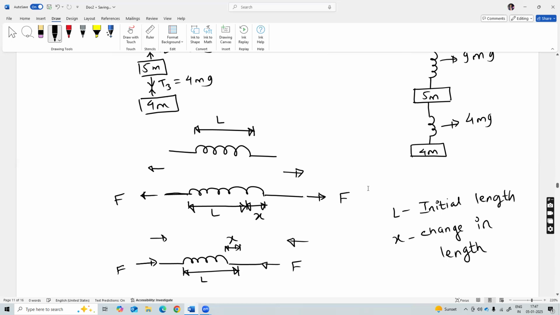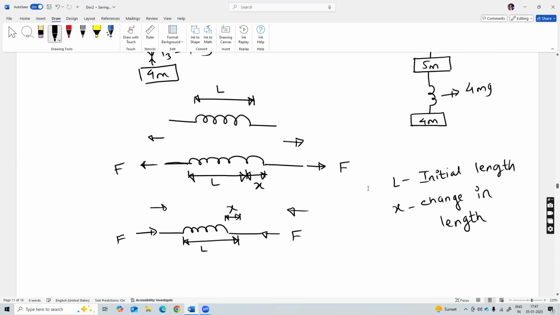One thing you have to understand is that if you are applying force F and its length has increased to L plus X, then there will be a restoring force of equal magnitude F that will start acting in the opposite direction. This is basically a restoration force, and this force will want the spring to go back to its initial position.